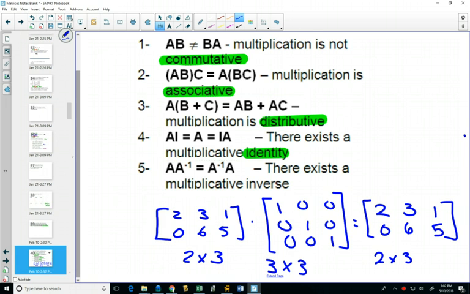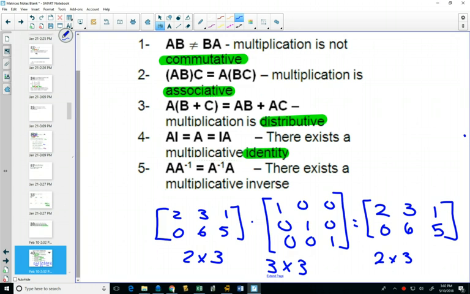Okay? And eventually this is going to connect to this idea with the inverse. If you can find the inverse of a matrix and multiply by it, they'll equal 1. So how do you find that?